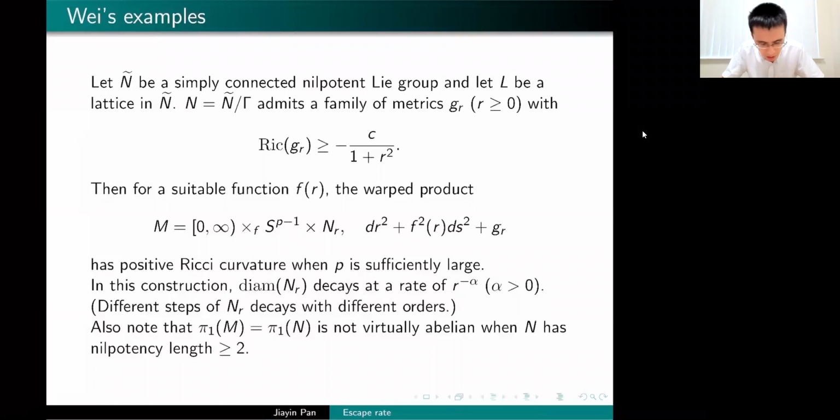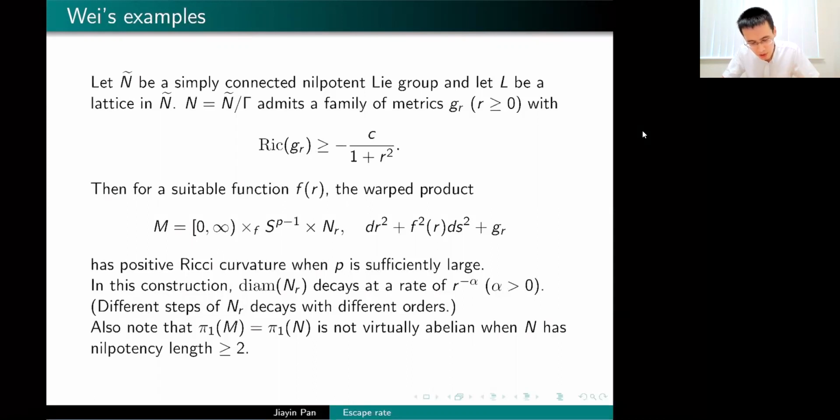The next examples are those constructed by Wei. This is the first example that says you may have a manifold of positive Ricci curvature and a fundamental group that is not virtually abelian. It starts with a simply connected nilpotent Lie group, N tilde, and then we choose a lattice Γ inside that.